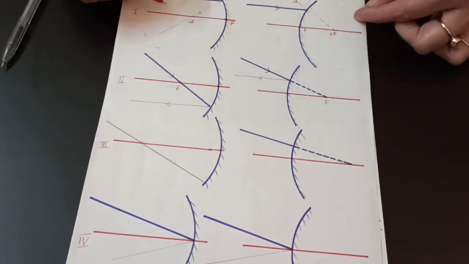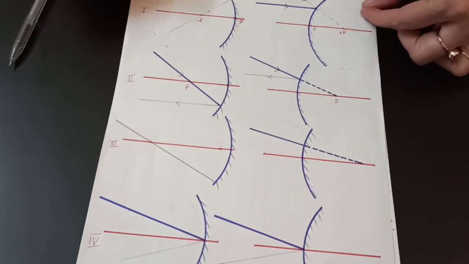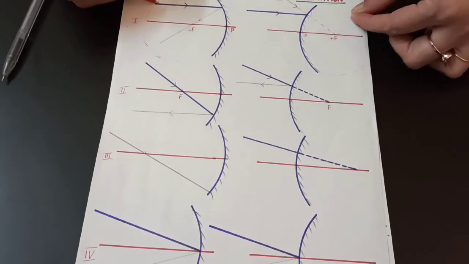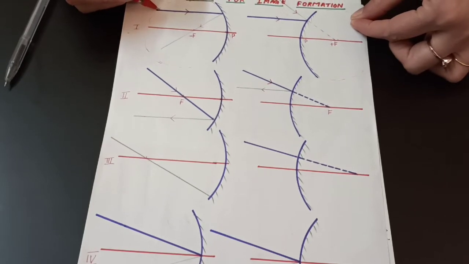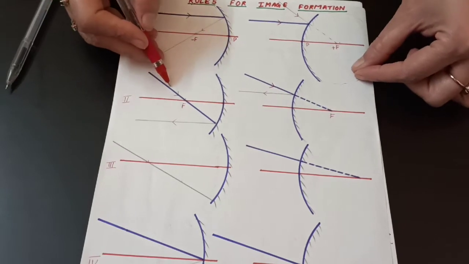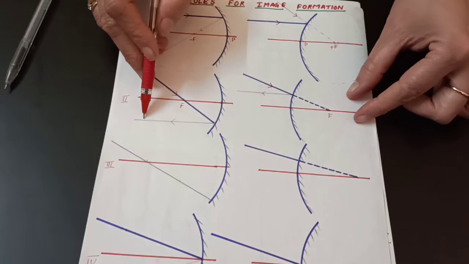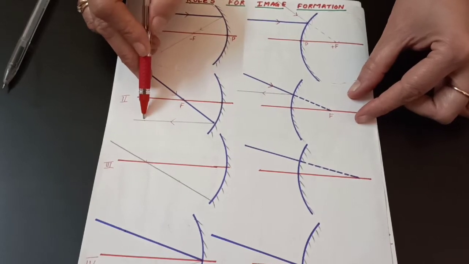So these 2 points are just the opposite of each other. If the ray of light is incident parallel to the principal axis, it will pass through the focus. If it is incident in the direction of the focus, it will become parallel after reflection from the mirror.